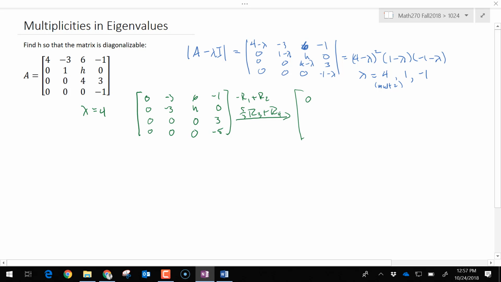So we're going to get 0, minus 3, 6, -1, 0. Multiplying the first row by -1, that's h minus 6, 0, 0, 0, and then 0, 0, 3, 0, 0. Oh, so that should be a 1.